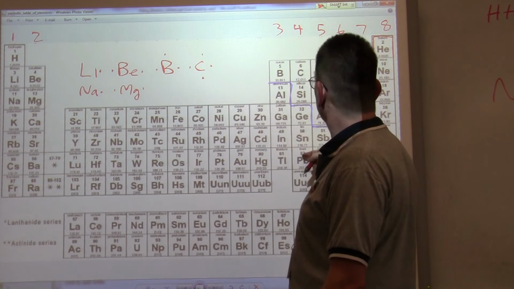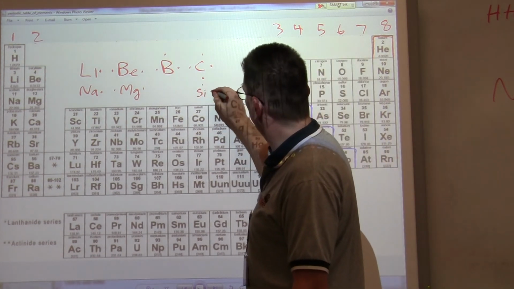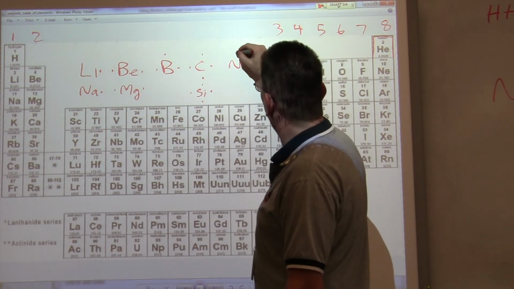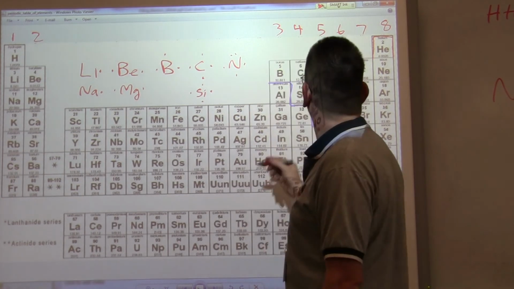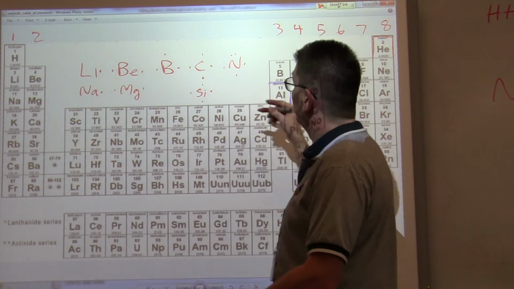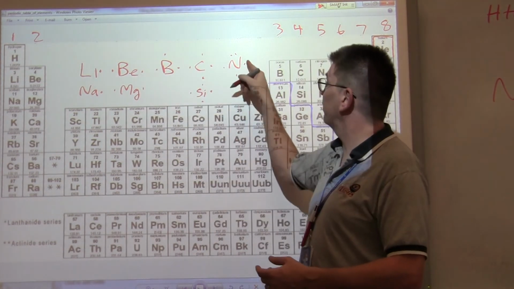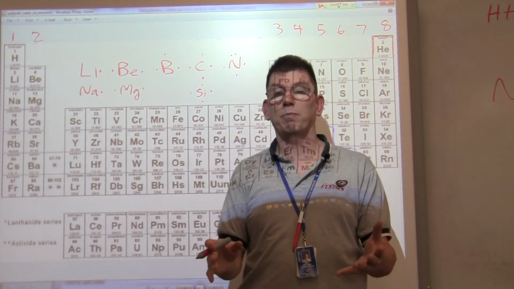And everything in this column would. Silicon would have 4 as well. Nitrogen, you get into the 5. 1, 2, 3, 4, 5. Everything down here, oxygen would have 6, fluorine 7. So we can represent it really easily by just putting the valence electrons, because they're the only ones that we really care about when we talk about chemical bonding.